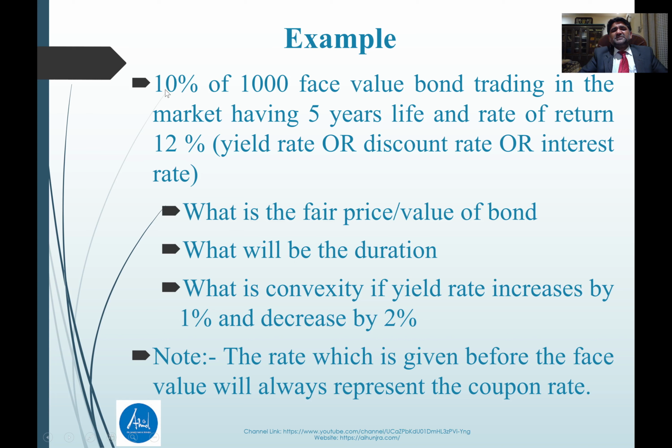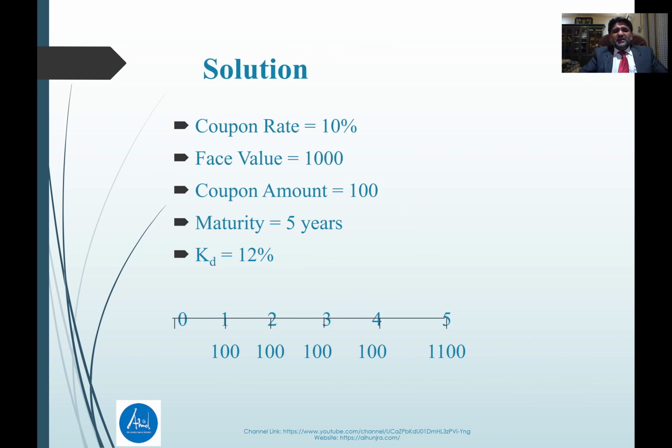So 10% is the coupon rate, and it is annually compounded, discounted on an annual basis, so the frequency is annual. Coupon rate is 10%, face value is 1,000, so the coupon amount is $100.